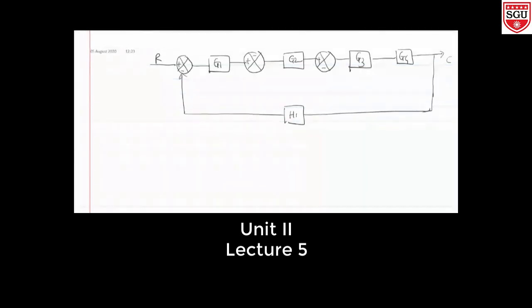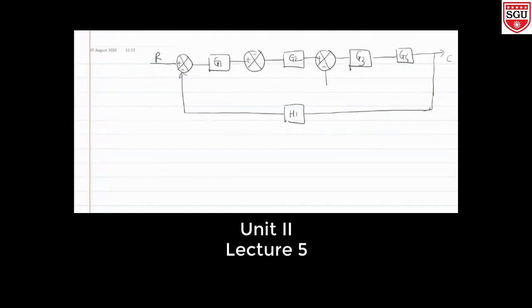Then to this summing point, H3 is given as a feedback from here, and to this summing point, a signal is taken after G3 and H2 is given as a feedback. Now this is the problem which we have to reduce.